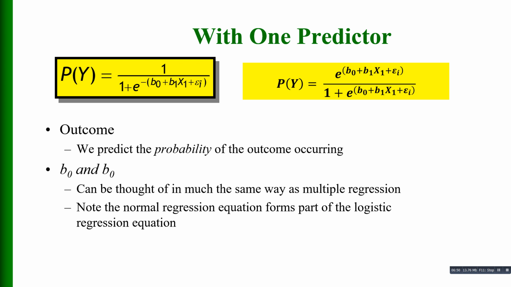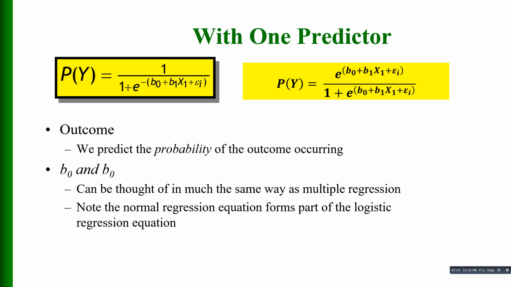Rearranging this, we can write that the probability of y is equal to e raised to the power (beta naught plus beta 1 x1 plus epsilon i) divided by 1 plus e raised to the power (b naught plus b1 x1 plus epsilon i), and the outcome is that we predict the probability of the outcome occurring.